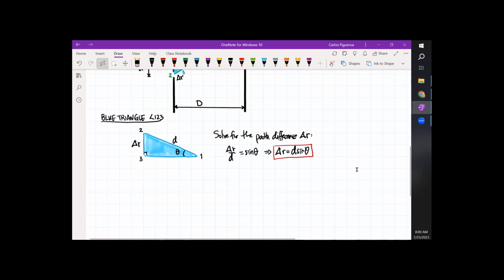Now remember, delta Y is associated with delta R. Now the next triangle, I'm going to look at the yellow triangle. And this is A, B, and big P. Now this one, the way it's set up is it looks something like this.